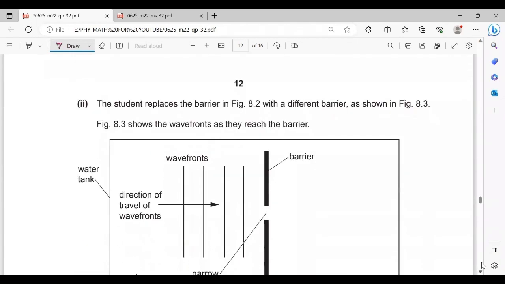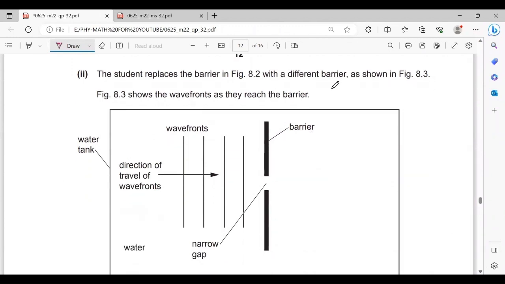Next, the student replaces the barrier on figure 8.2 with a different barrier as shown in figure 8.3. Figure 8.3 shows the wavefronts as they reach the barrier. Okay. A narrow gap here, it means, yeah, of course, the direction spreads out to all directions.